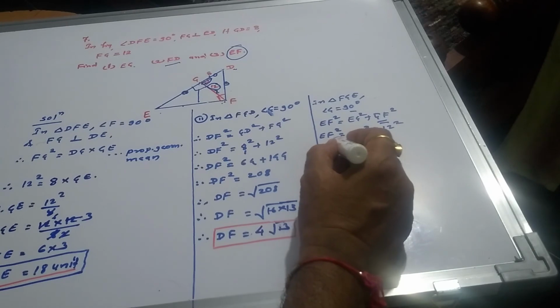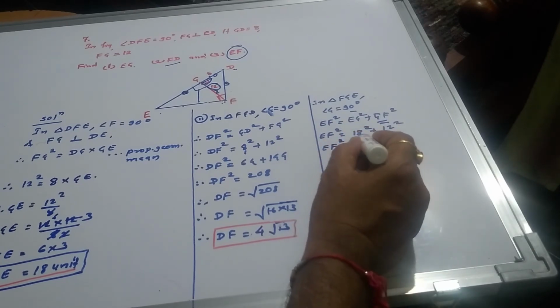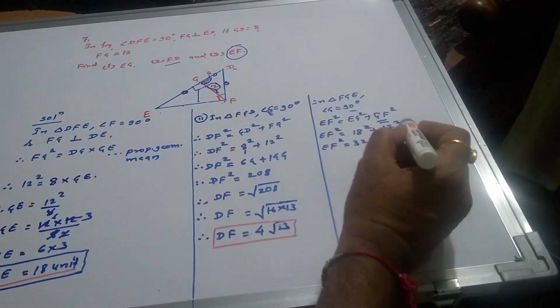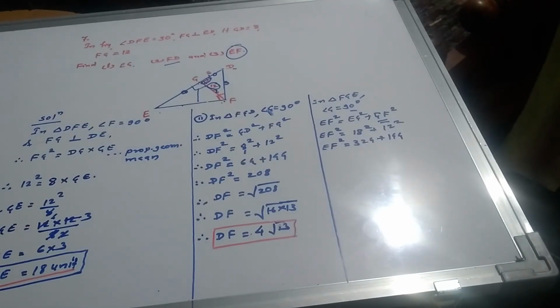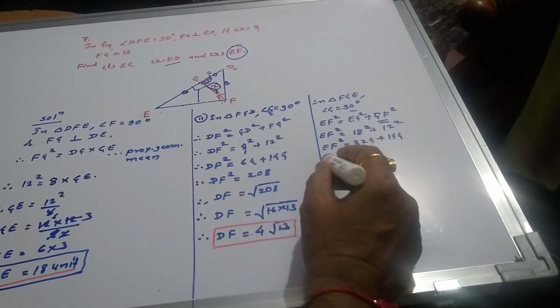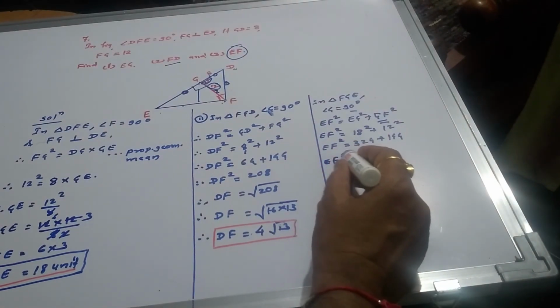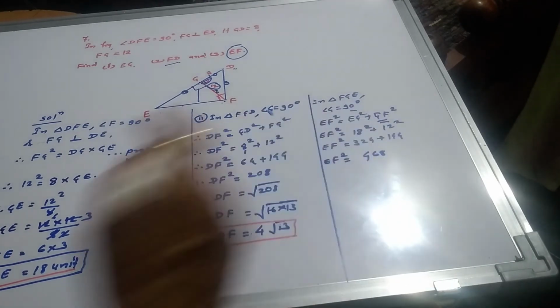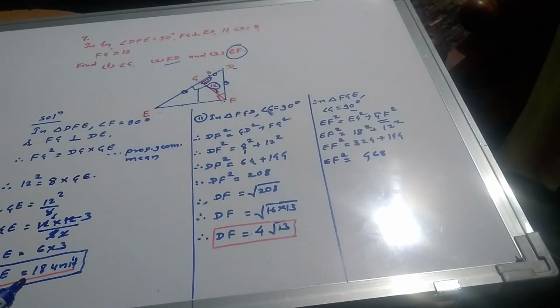EF square is equal to the sum of these, 468. EF square is equal to 468.